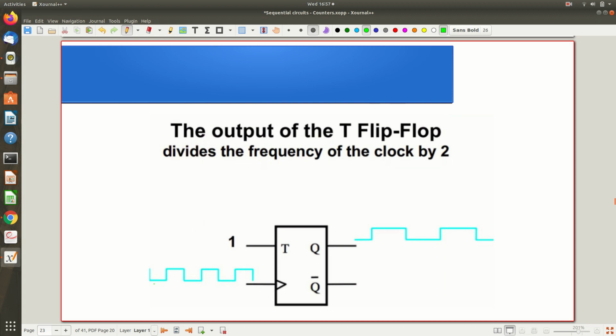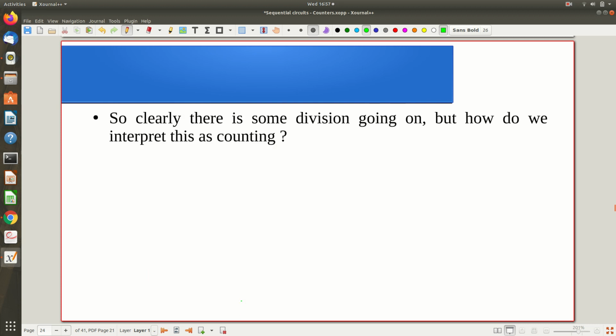So if this is the input, this is the time period, and f is equal to 1 by t as the frequency. This one is of 2 times the input wave's time period, so its frequency will be 1 by 2t, and that is nothing but f by 2 hertz. Okay. So the output of the T flip-flop divides the frequency of the input clock by 2.